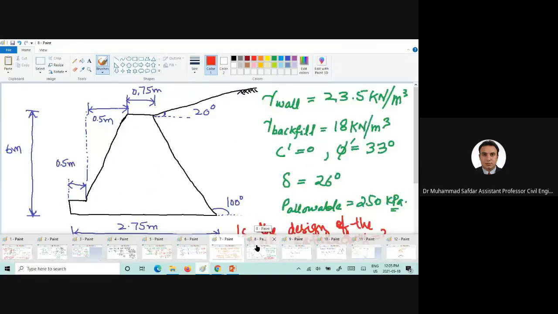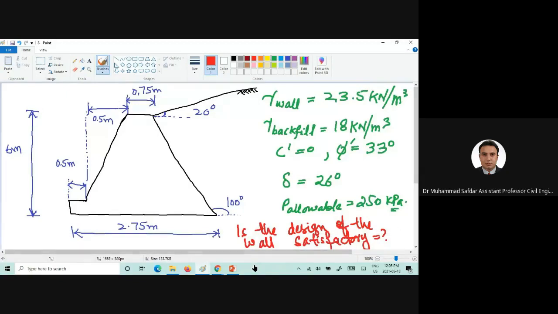There is another problem, and that is related to a sloping retaining wall and a sloping or inclined surface here. So this is another example, I would say problem number 2, related to the design of gravity retaining walls.